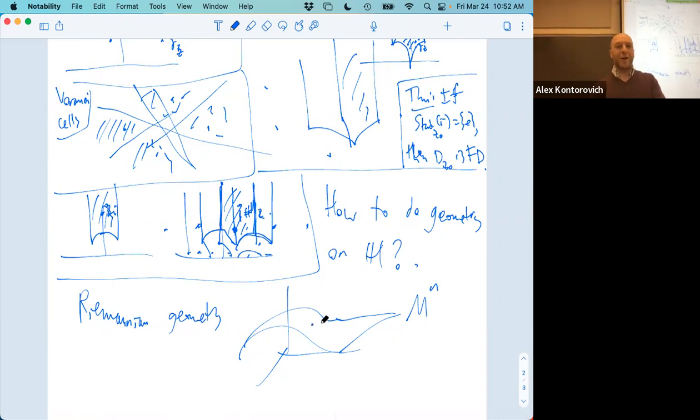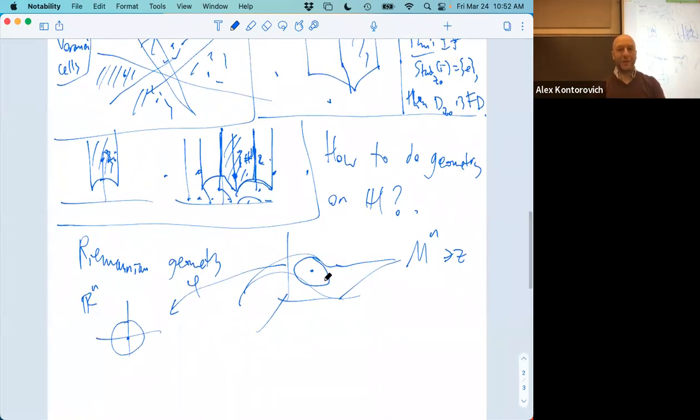The conditions are that around each point Z in my manifold, there exists an open ball in the manifold, since it's a topological manifold, and a local chart, some map phi that sends this point to the origin of an open ball in Rn. That's what I mean by an n-manifold.